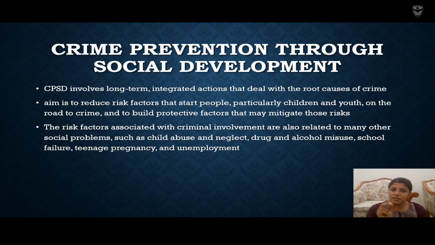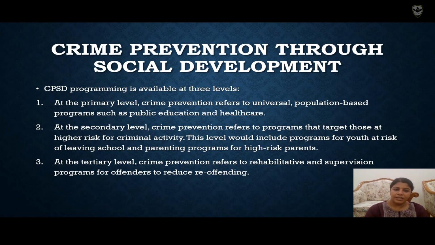Through this strategy, they try to identify those risk factors. Say, for example, child abuse or neglect, drug or alcohol misuse, school failure, teenage pregnancy, unemployment, etc. These are generalized causal factors that might lead people to commit crime. So these factors are first identified.